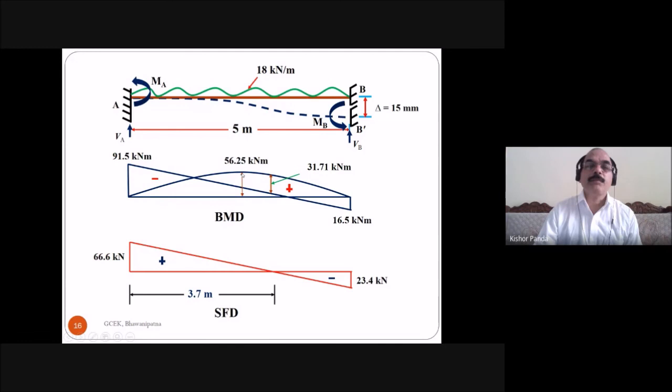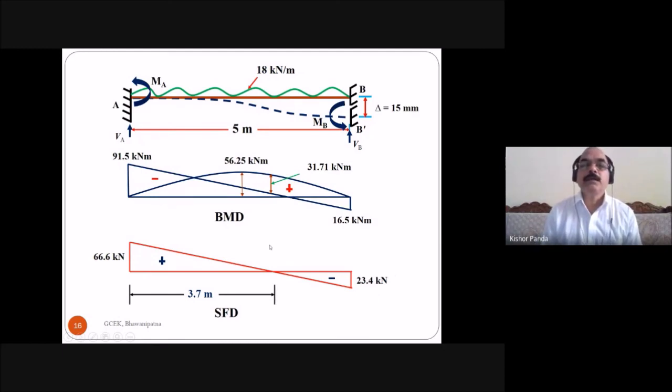Then after deducting from this total, you will get the sagging moment at the midpoint of the fixed beam, because 91.5 divided by this side is equal to this side divided by this side. Then you will get the value of this one. Then after deducting from this total, you will get the positive moment at the midpoint of the fixed beam. This is all about the fixed beam bending moment diagram and the shear force diagram.